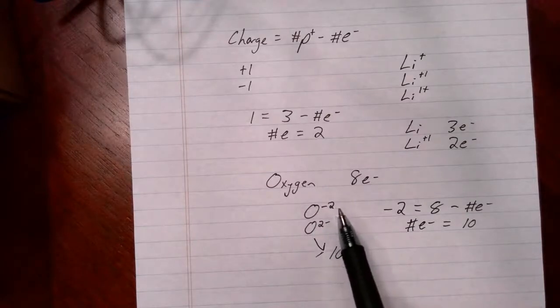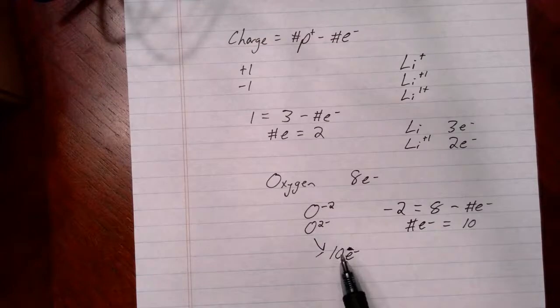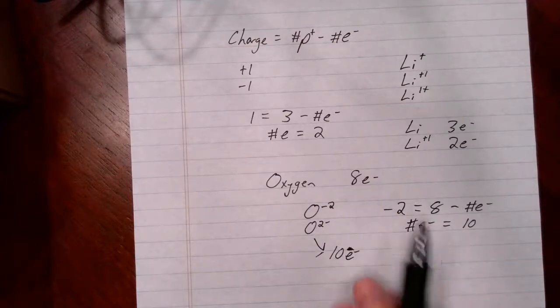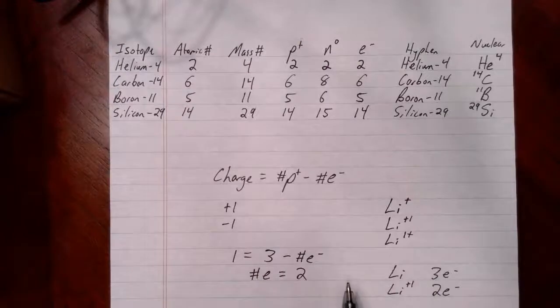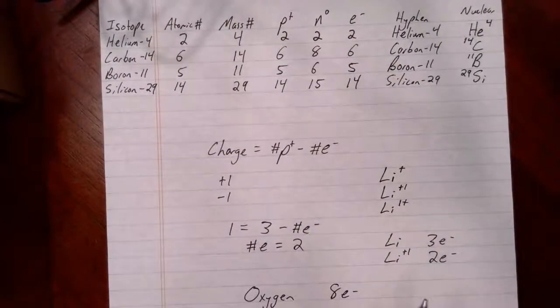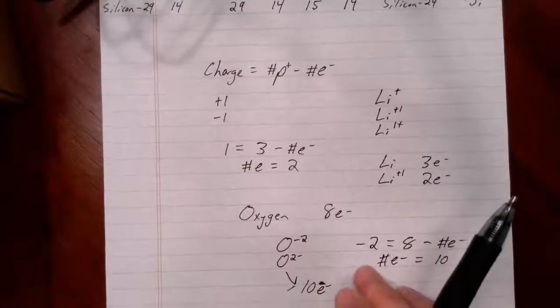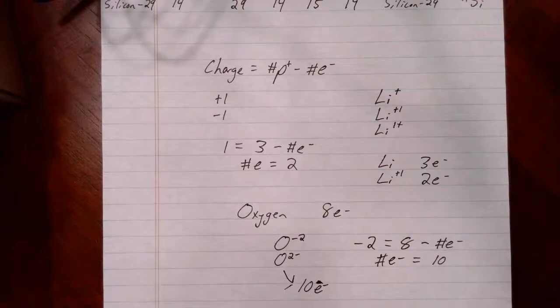The charges didn't cancel each other. So there has to be more electrons than there were protons, which is what I got, so I'm probably correct. For lithium, it had a positive 1 charge in this case. So there had to be more protons than there were electrons, which is what I found to be true. I found there are 3 protons and 2 electrons. So you can always go back when you finish those and do a simple logic check just to make sure your answer makes sense there.